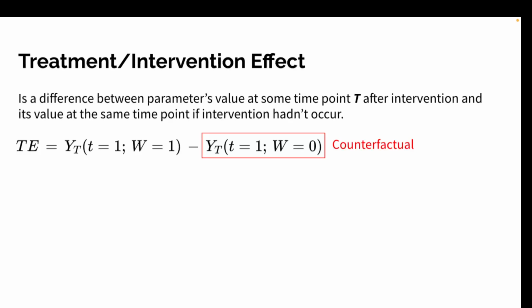So again, let's say you are running a marketing campaign, because you want to sell more, and you decided to run some advertisement campaign or some kind of marketing campaign. So that's an intervention, right? Because you are treating your customers with some kind of campaign.